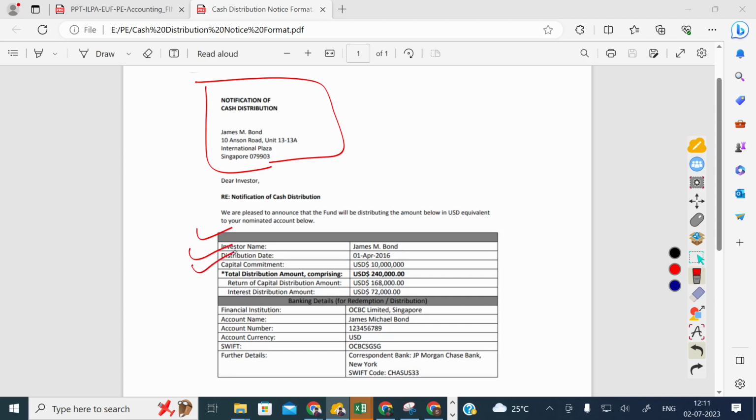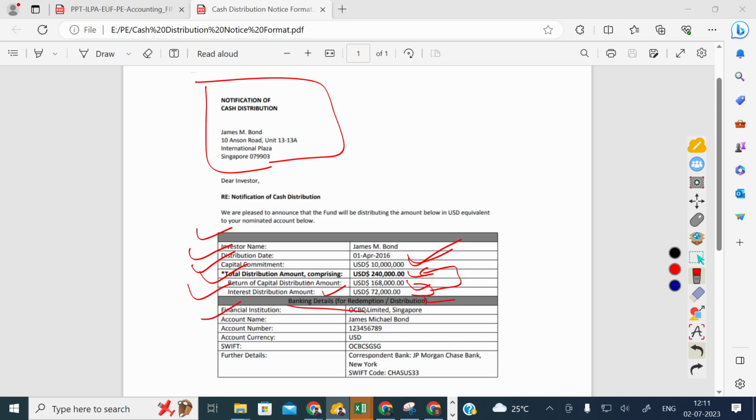Then capital commitment, exactly what is the total capital commitment? Then return of capital distribution amount and interest distribution amount. If you add these, that becomes your total distribution amount. And the actual capital commitment, which is 1 million USD, or 10 million USD I can see. And the important information is the redemption details.